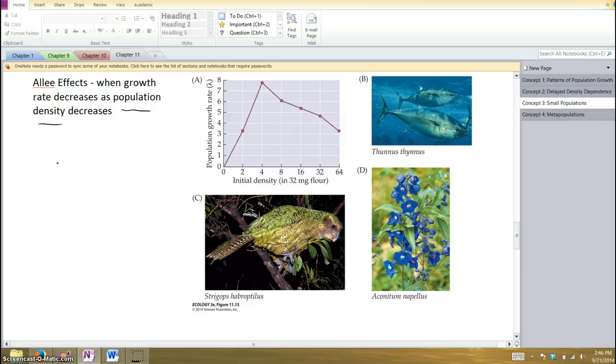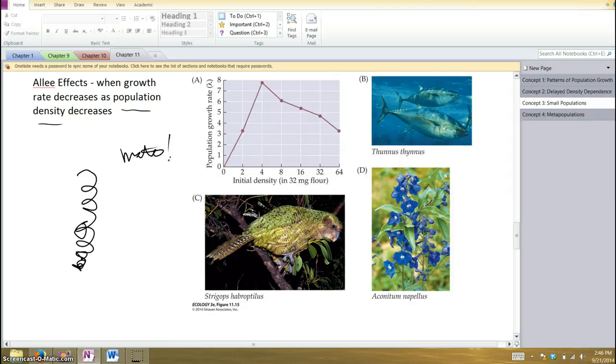But in some cases, populations can get in a downward spiral, in which as they get smaller, reproductive rates actually decline. And it's not due to a lack of food necessarily or space, but it might be hard to find a mate if the population is too small and spread out across the landscape.